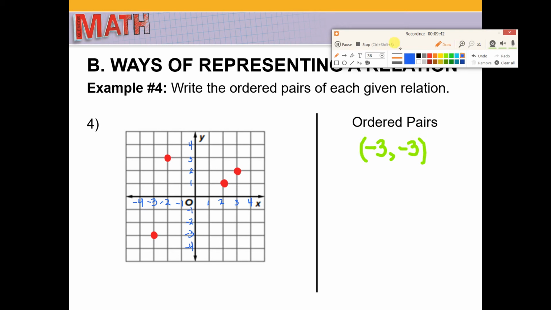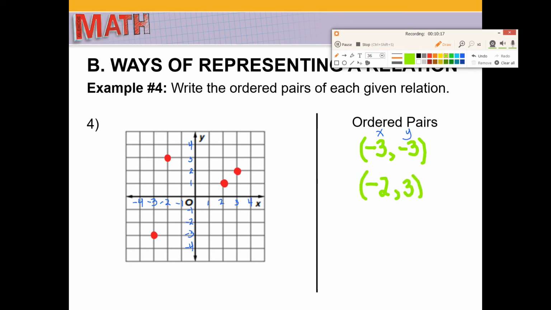Again, the x value should be first and the y value should be on the second part. Okay, let's look at the second point, which is this. This point is at -2 in the x-axis, and it's at 3 in the y-axis. So when we write the ordered pair, that would be -2, 3.